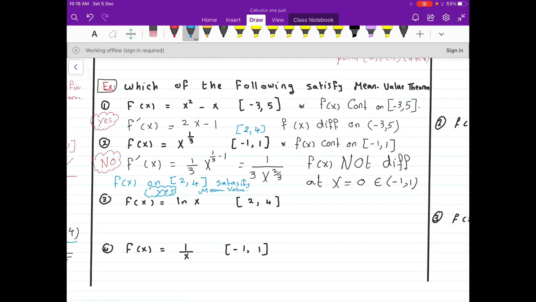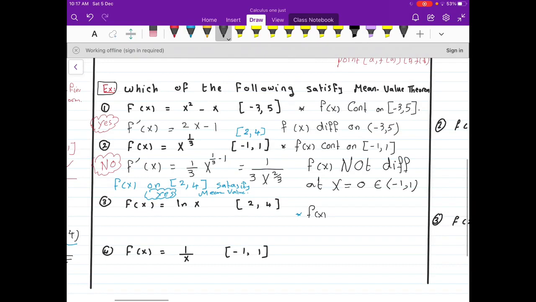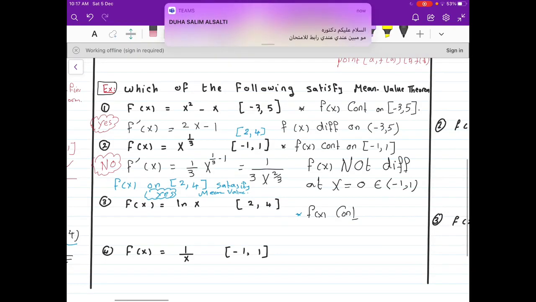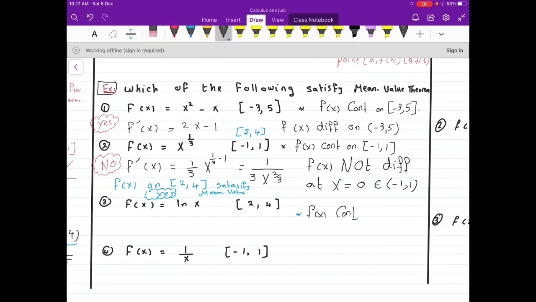We take the function f(x) equal ln x. The domain of ln x is from 0 to infinity. So f(x) is continuous on the interval [2, 4], and f(x) is differentiable on the open interval (2, 4).